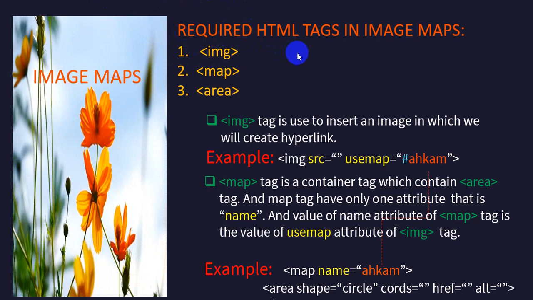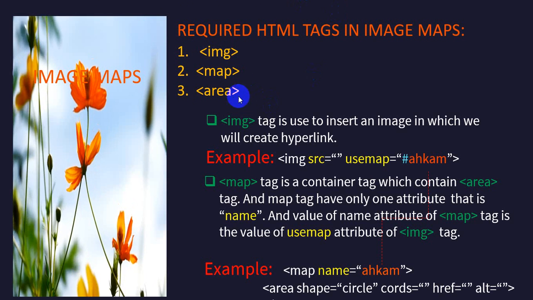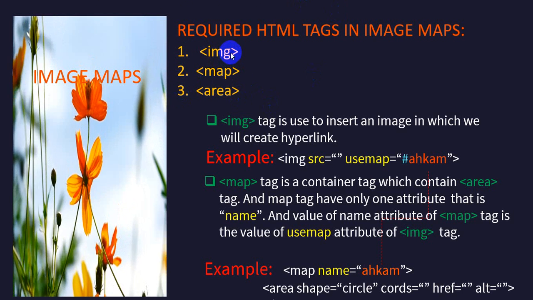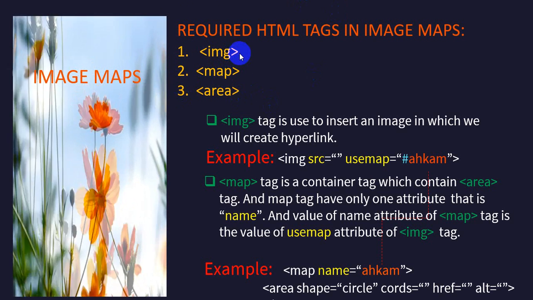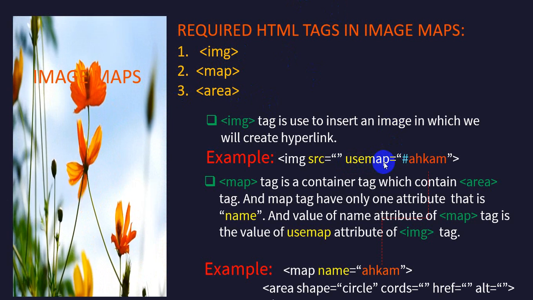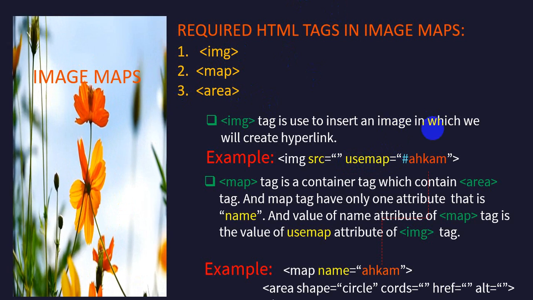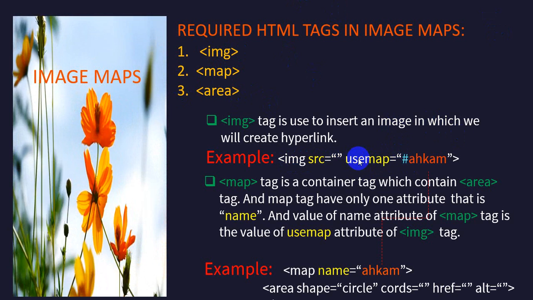Then, if you are going to do image mapping, you have to use the usemap attribute. Usemap is an important attribute used in client side image mapping, and it is an attribute of the img tag.